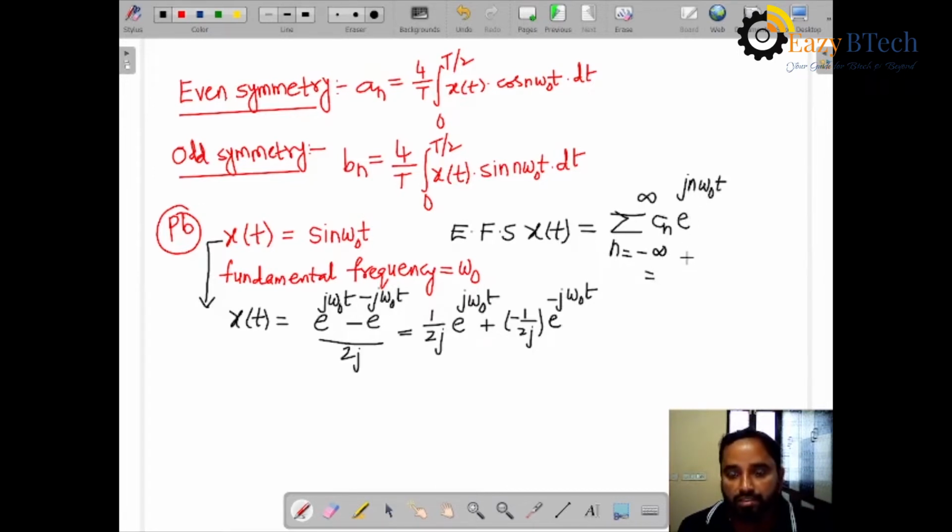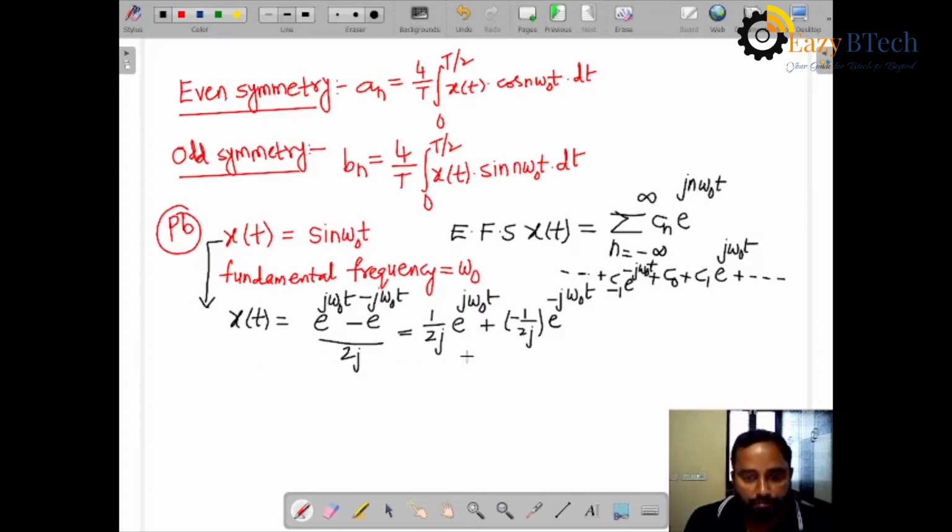If you open this exponential Fourier series, n equals 0 gives c0, n equals 1 gives c1 e to the power j omega naught t, and n equals minus 1 gives c minus 1 e to the power minus j omega naught t, and so on.